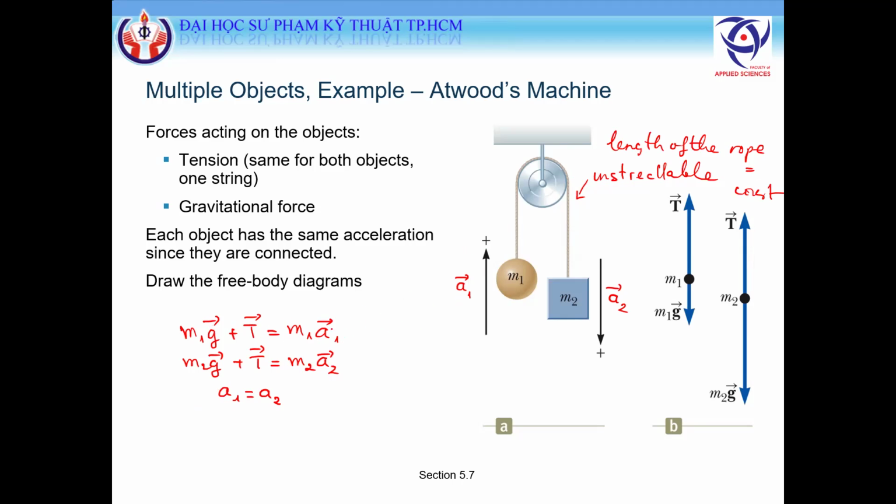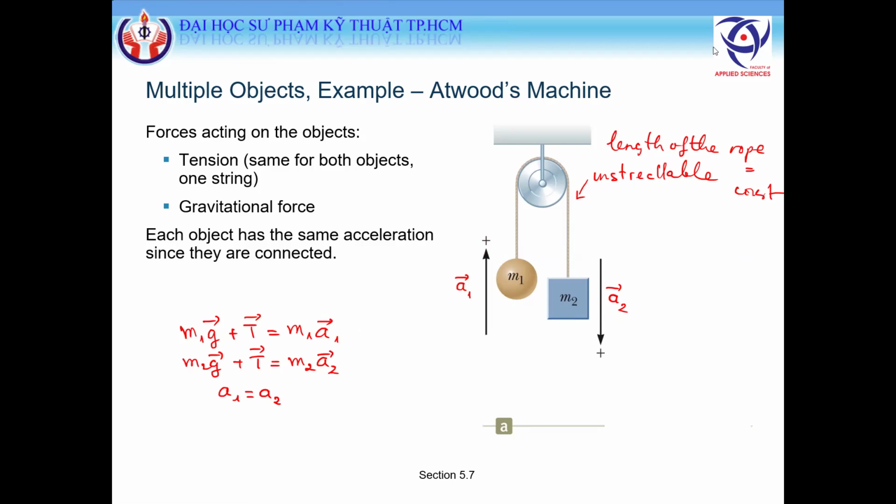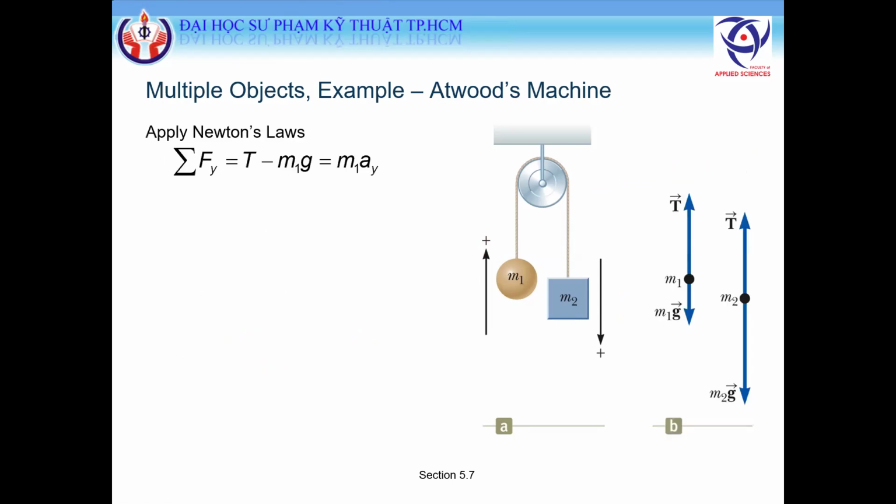Then we convert the vector equation to the algebraic equation by using the direction of the motion as the axis. Okay, then you get this. For the object M1, you have T upward minus M1G equal to M1AY.